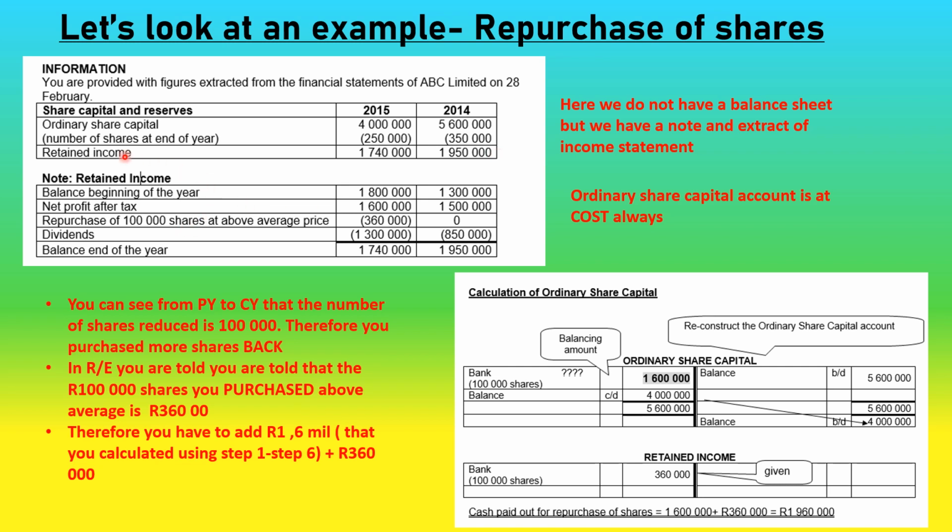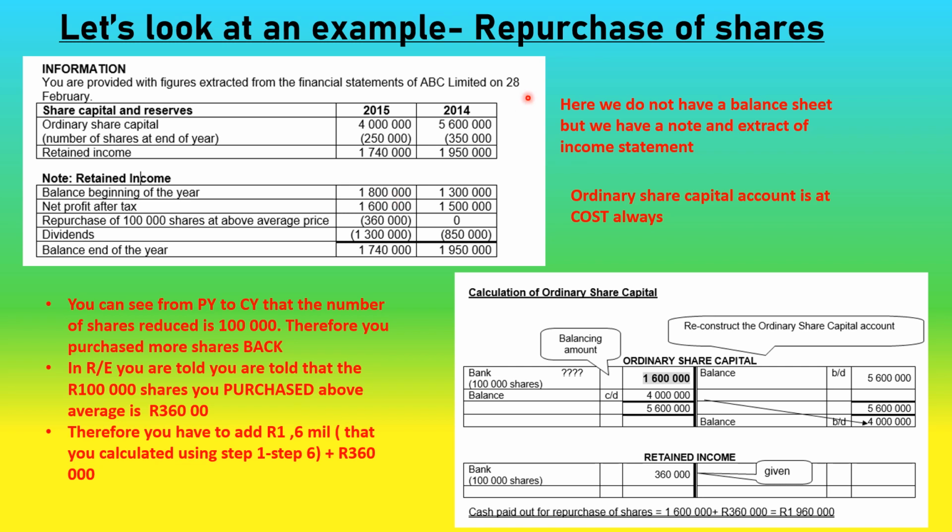The retained earning note tells you that the purchase of the 100,000 shares was above average price, which means you purchased the shares for more than what it was worth. So basically, the share was worth 1 Rand and you decided to purchase it for 2 Rand from your shareholders. Therefore, you've paid them more than what the share was worth.